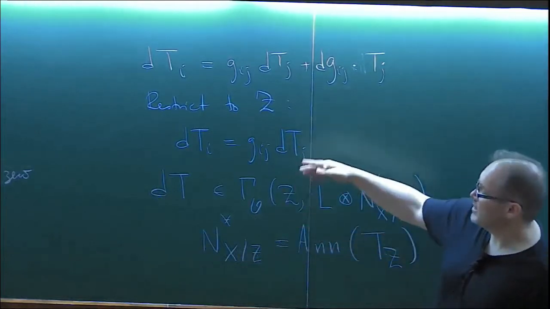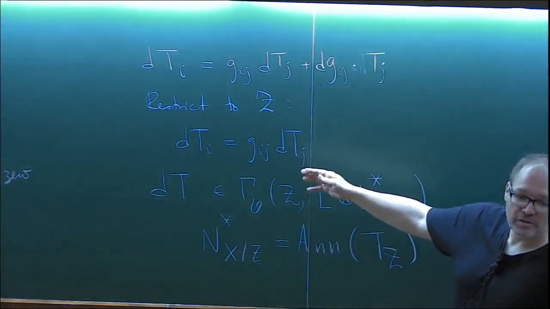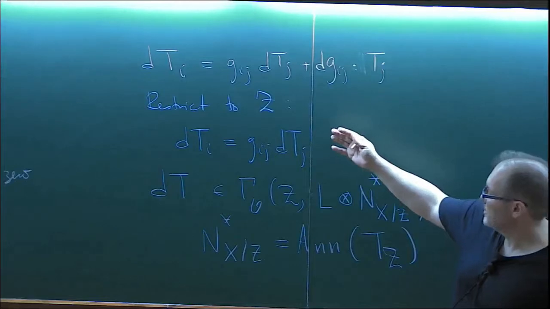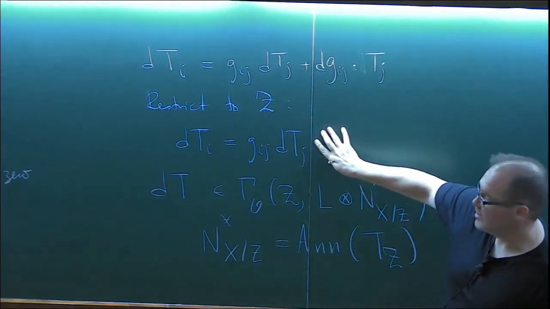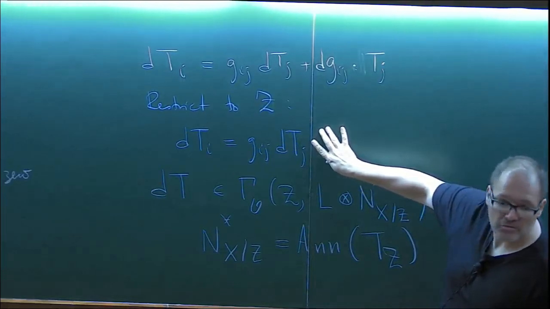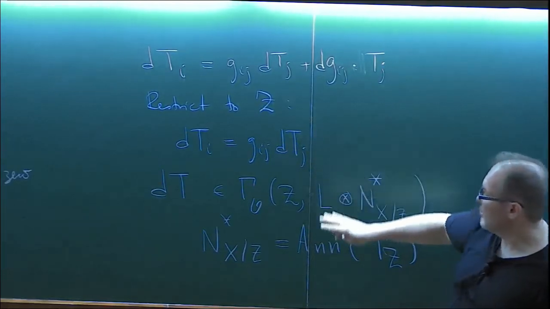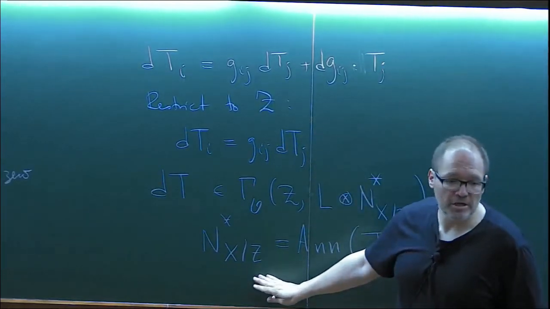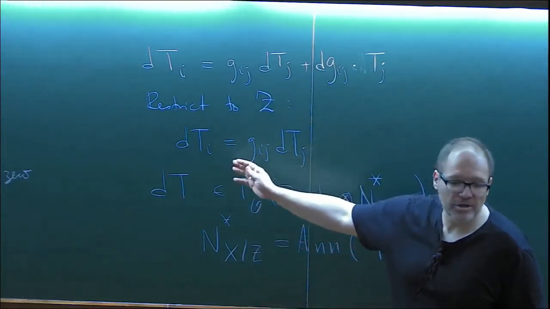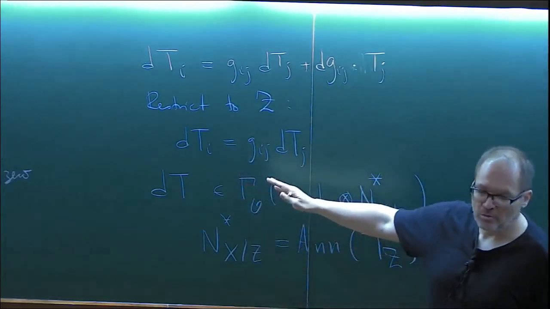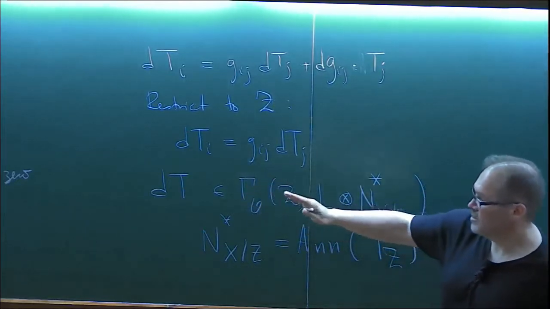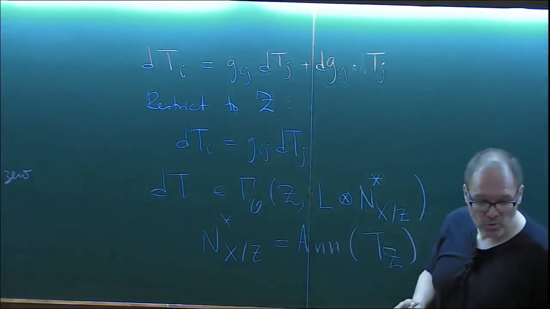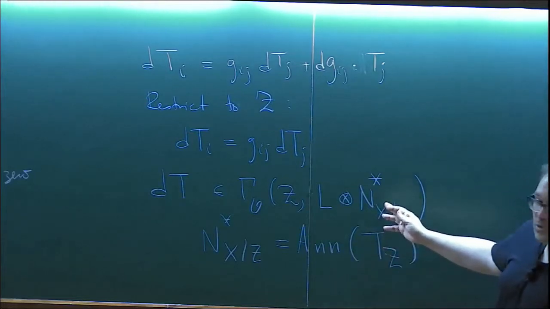So in fact, everything makes sense just fine, even if this is a singular variety. But then you don't have a notion of the conormal bundle anymore. So this is some section of something, but it's not the conormal bundle. But if you assume that the hypersurface is smooth, then this really is the conormal bundle.